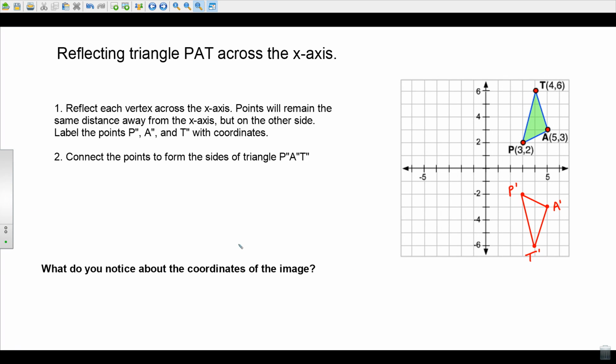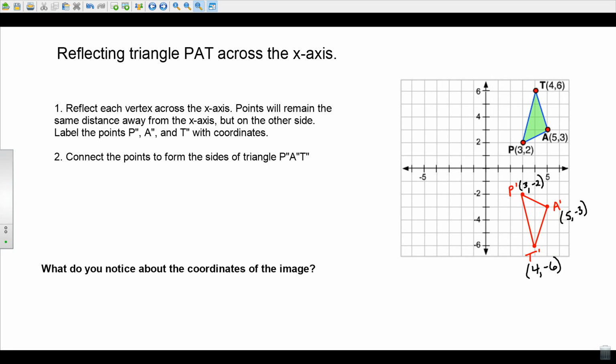In order to answer the question at the bottom, again, let's put the coordinates in here. P prime is at 3, -2. A prime is at 5, -3. And then T prime is at 4, -6. And then again, answer this question on your own. What do you notice about the coordinates of the image?